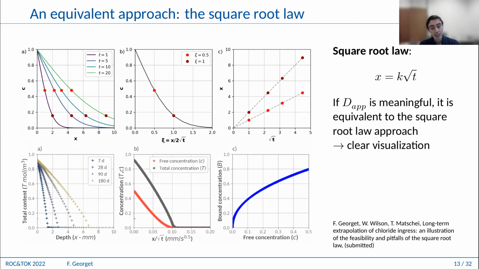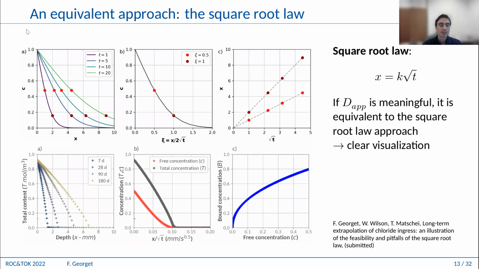If you are still scared of the apparent diffusion coefficient, you will prefer this approach, although they can be proved to be equivalent. The square root law states that for a process governed by diffusion, the depth or a certain distance is proportional to the square root of time.